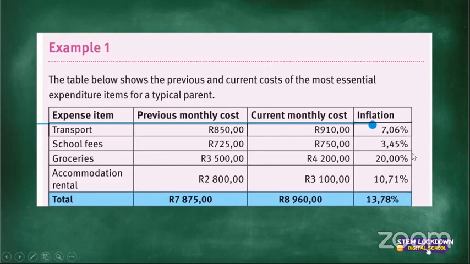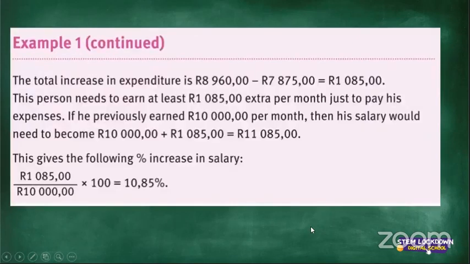The overall inflation rate has increased by 13.78%. Yeah? This mother used to spend about 7,875 rands towards these expenses, but she now spends about 8,960 rands towards these expenses. Now imagine, we see here, the total increase in expenditure is 1,085 rands.